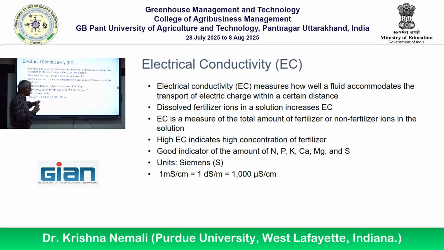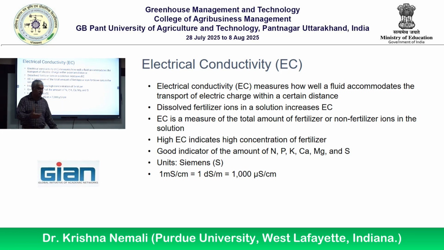So the units for EC are Siemens per some unit length. If it is millisiemens, then it is centimeters. If it is decisiemens, D stands for deci, it's meters. Or if it is microsiemens, it is also centimeter. But look at that. 1 millisiemen per centimeter is nothing but 1 decisiemen per meter, which equals 1000 microsiemens per centimeter.